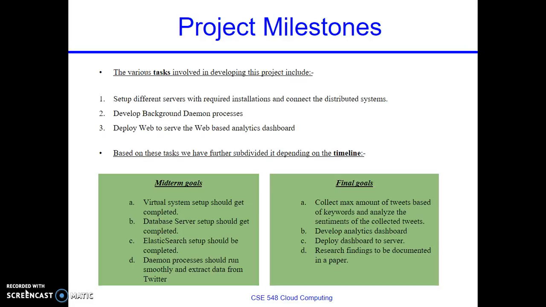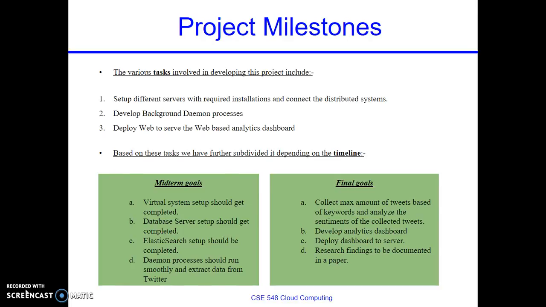Our midterm goals were mainly to set up the virtual machines, get the database started, set up Elasticsearch, and make all the daemon processes work. For the final goals, our main aim was to collect the maximum amount of tweets, develop an analytics dashboard, and then deploy it to the server and run it perfectly.